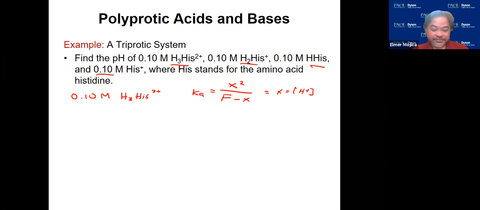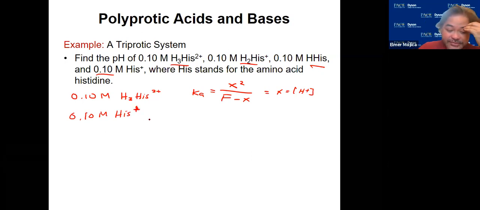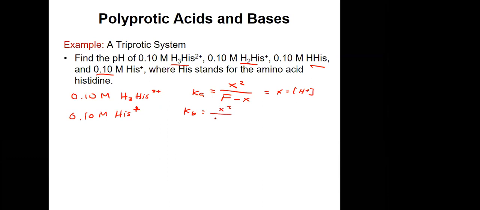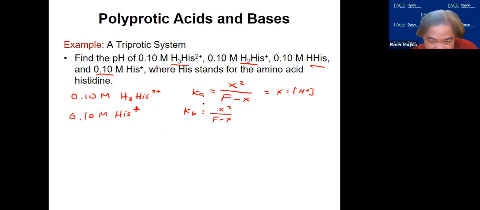The last one would act as what? The histidine plus. You treat it as Kb. So we could say this is Ka1 and this is Kb1. So whatever the X that you get, that is equal to your hydroxide.